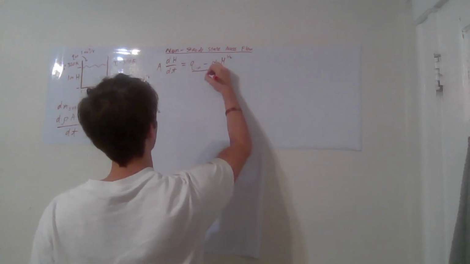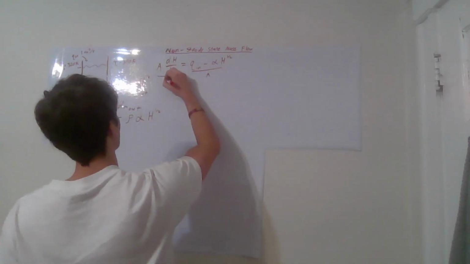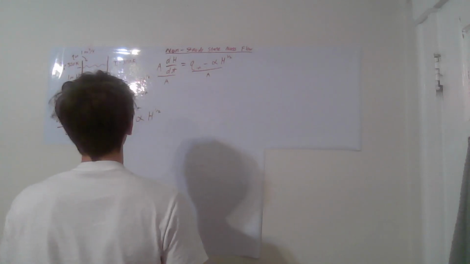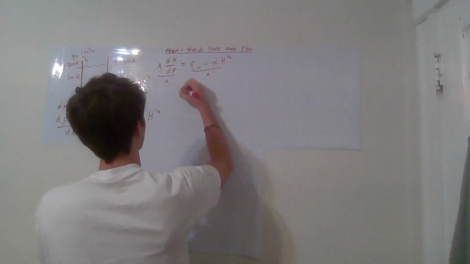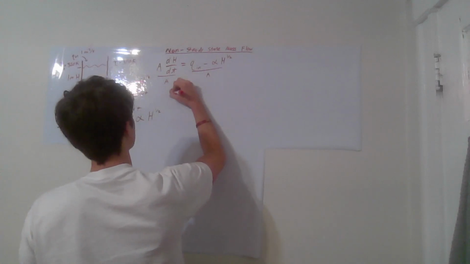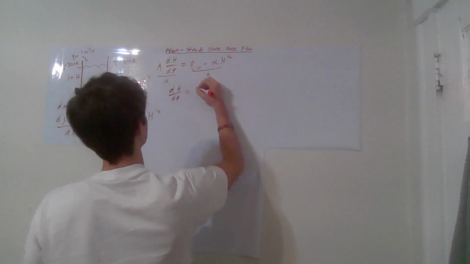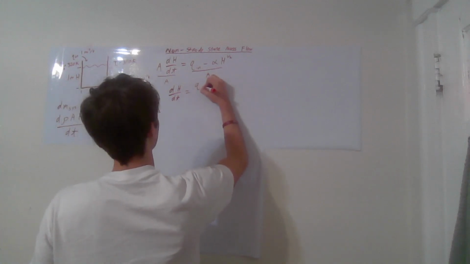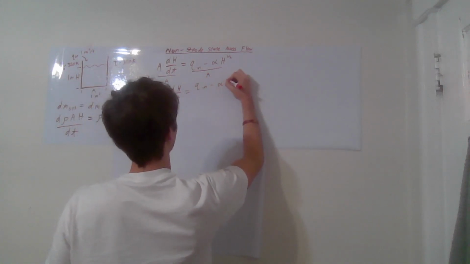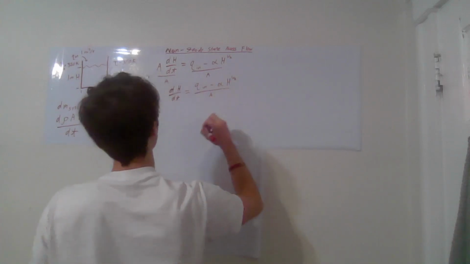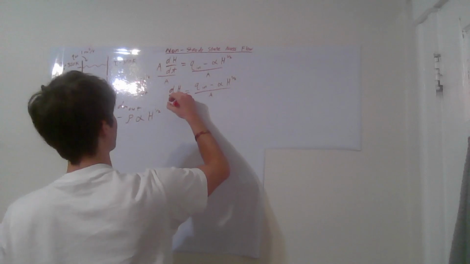We divide all this by A and get our first equation: dh/dt is equal to the flow rate going in minus alpha h to the 1/2, all over A. And this is going to be our first equation right here.